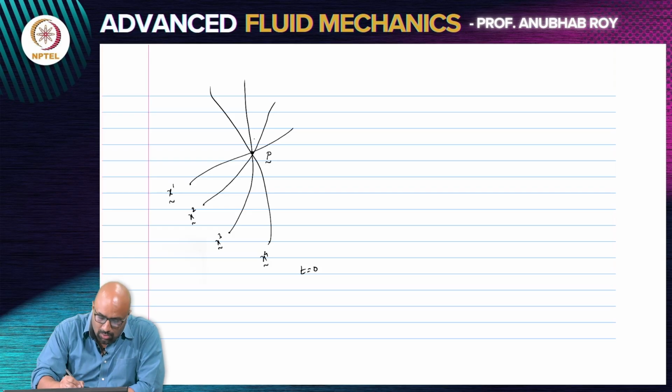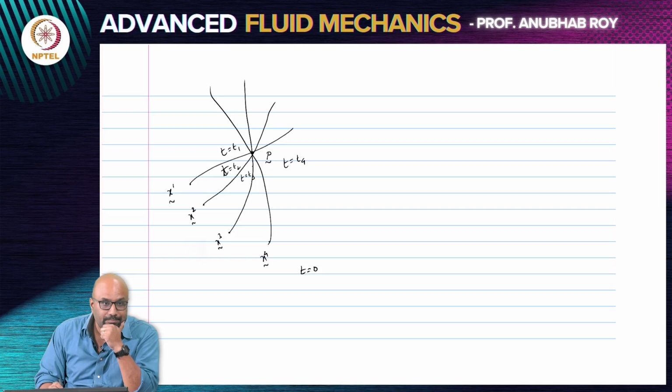Which means if you were to march forward, this was at t equals 0, so x4 arrives here at time t equals t4, x3 arrives here at time t equals t3, x2 arrives here at time t equals t2, and x1 arrives here at time t equals t1.